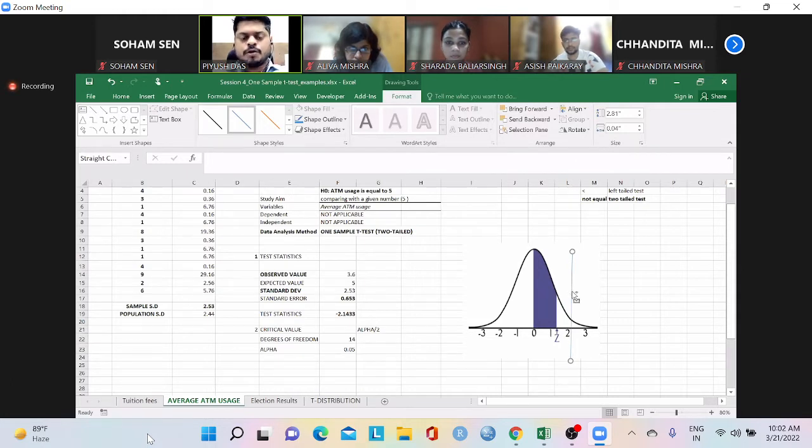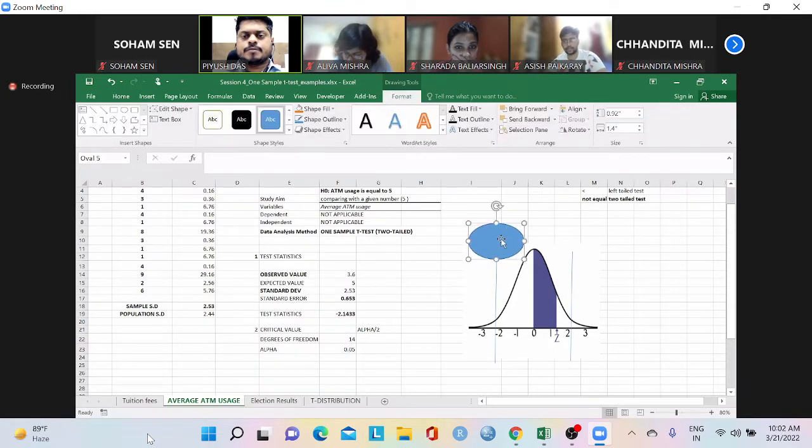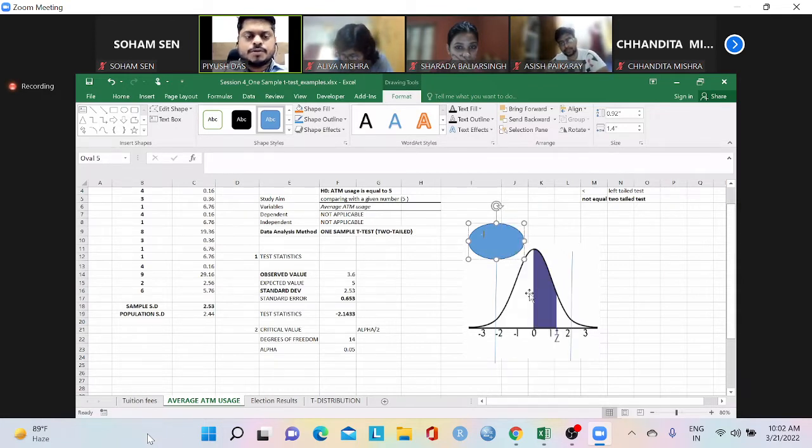So now I'll have boundaries on both the sides. 2.145, minus 2.145. This is 2.145, right? So this is my critical value, right? So this is the boundary of my critical value.